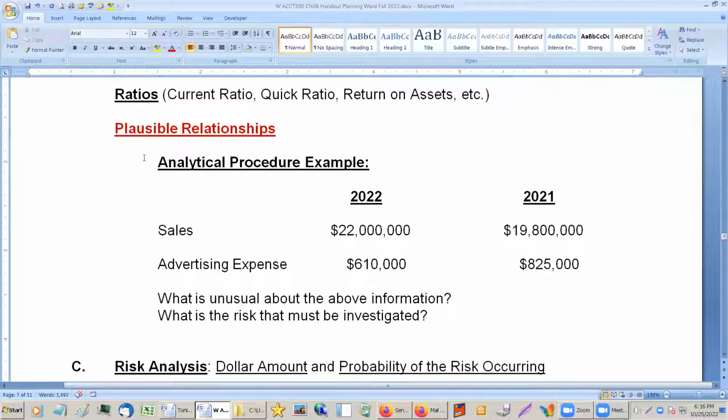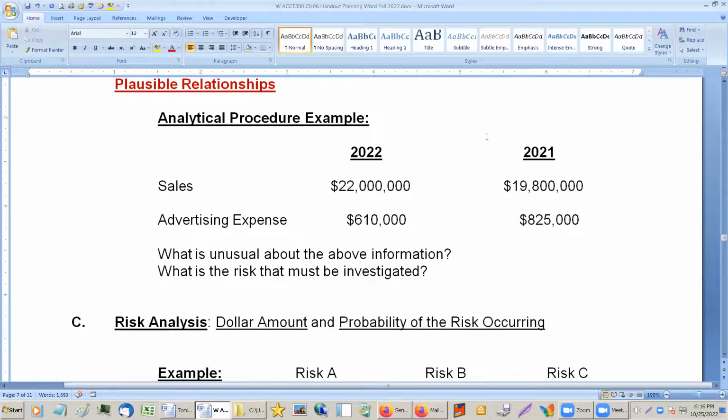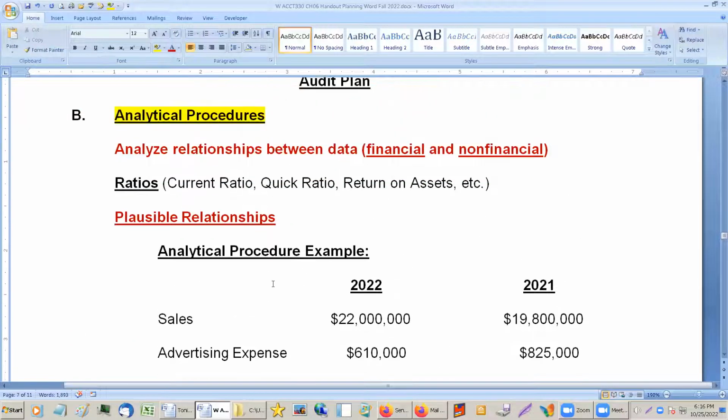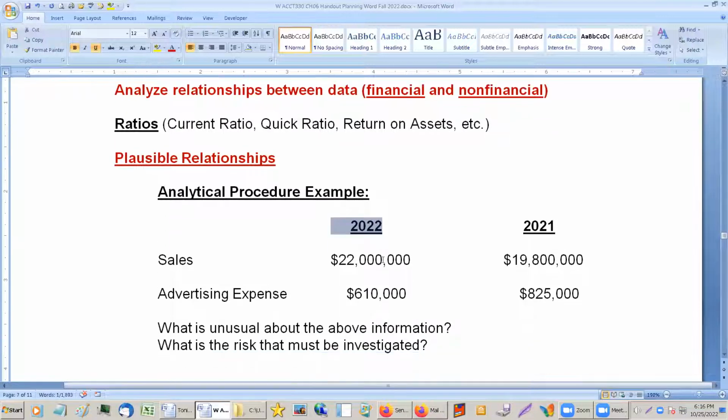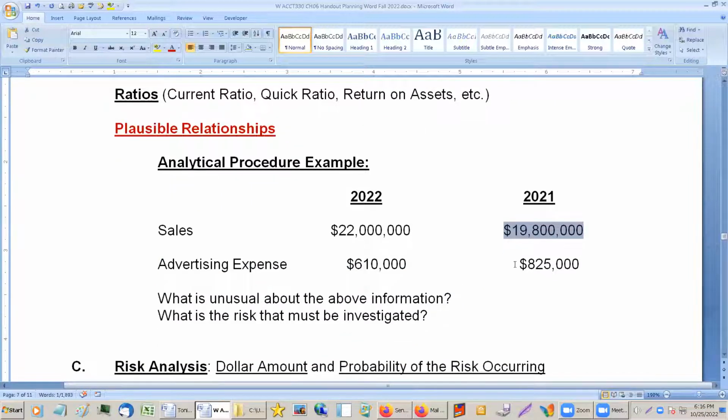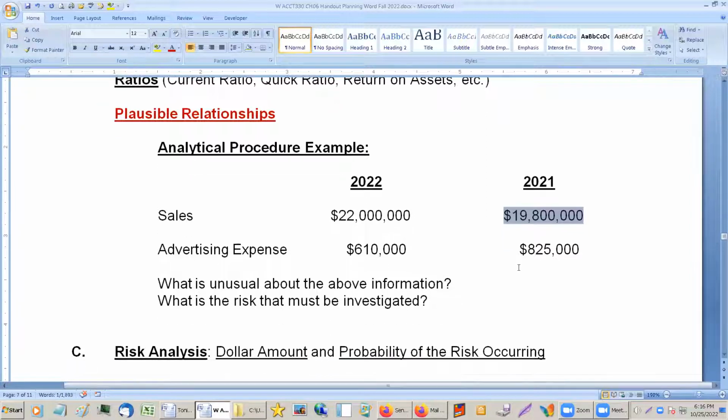Let's take a look at this example. So here's 2022 sales, 22 million. The advertising expense is 610. Then 2021. Sales are 19.8 million, well, it was 20 million.